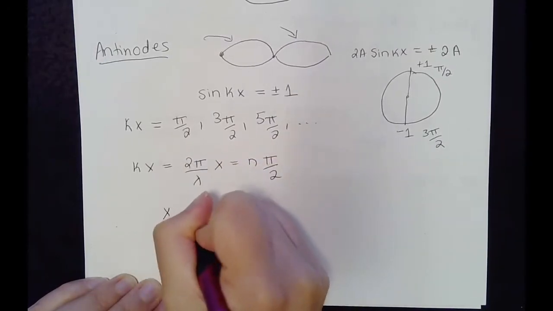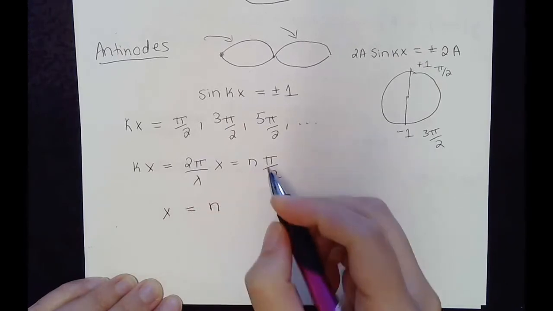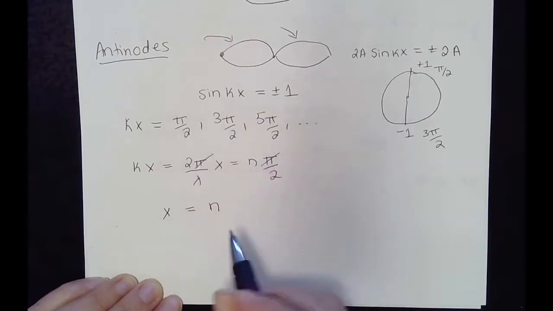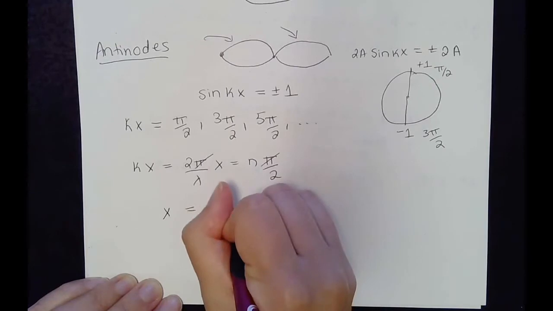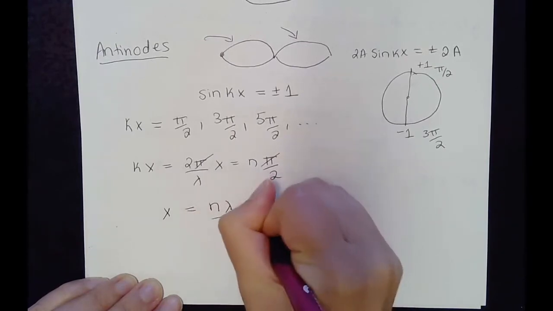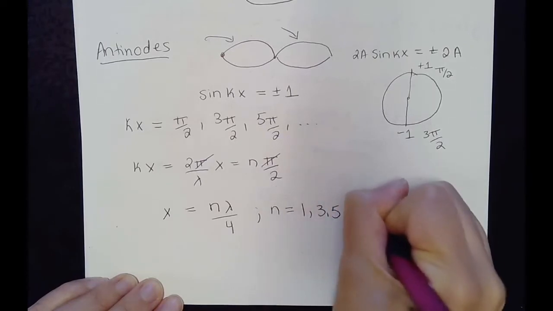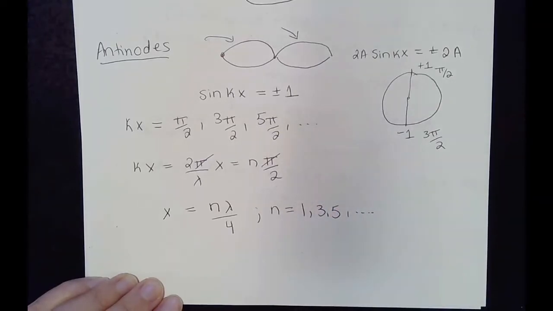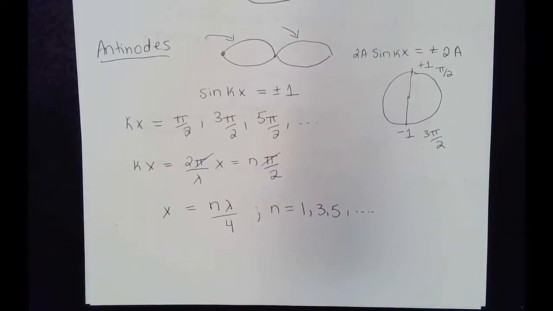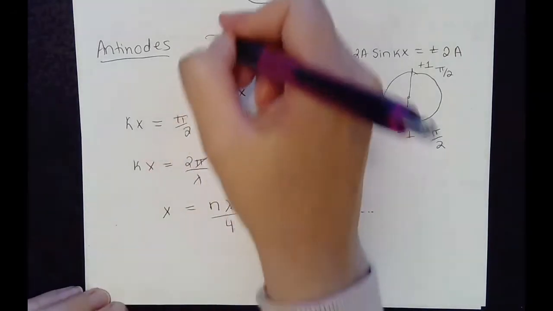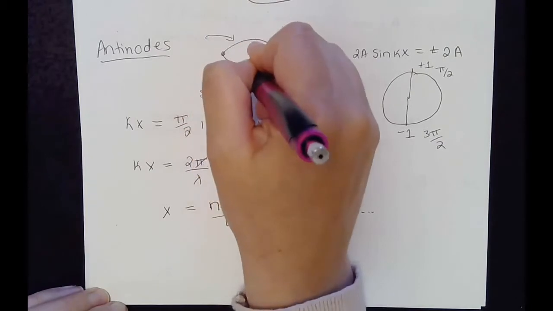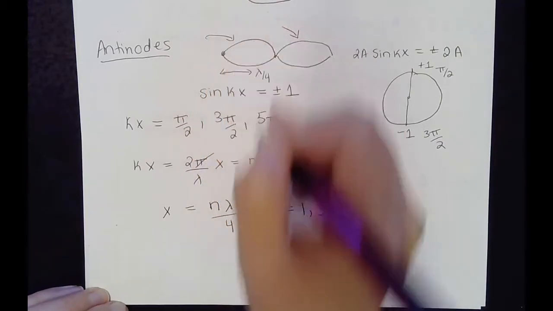I'm just rearranging here, canceling the pi, and I get x equals n lambda over 4, where n is odd: 1, 3, 5, and so on. So what this tells us is that the position of the antinode from x equals 0 would be lambda over 4.